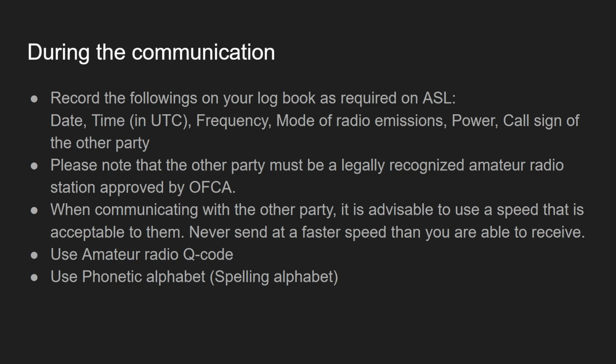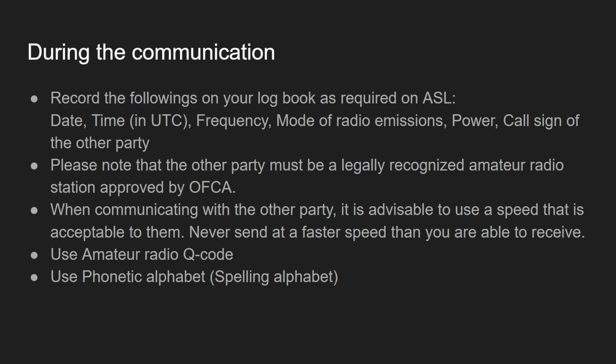But you can always trust the recipient. Okay, trust the recipient. And use Q code, use phonetic alphabets, the spelling alphabets, but practically they may not follow this. Like Alpha and America, sometimes they can swap different words.